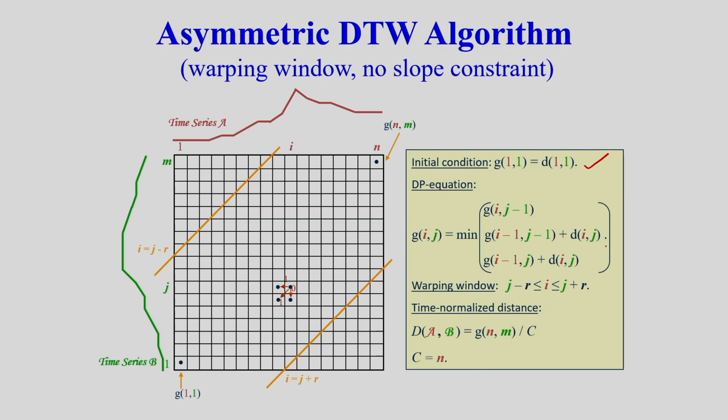And we can consider the dynamic programming equations corresponding to the asymmetric DTW algorithm, and from this we can determine the time normalized distance DAB, and in this case C is equal to n. So this symmetric DTW algorithm or the asymmetric DTW algorithm we can employ to find the time normalized distance. That means I want to find the alignment between time series A and time series B.